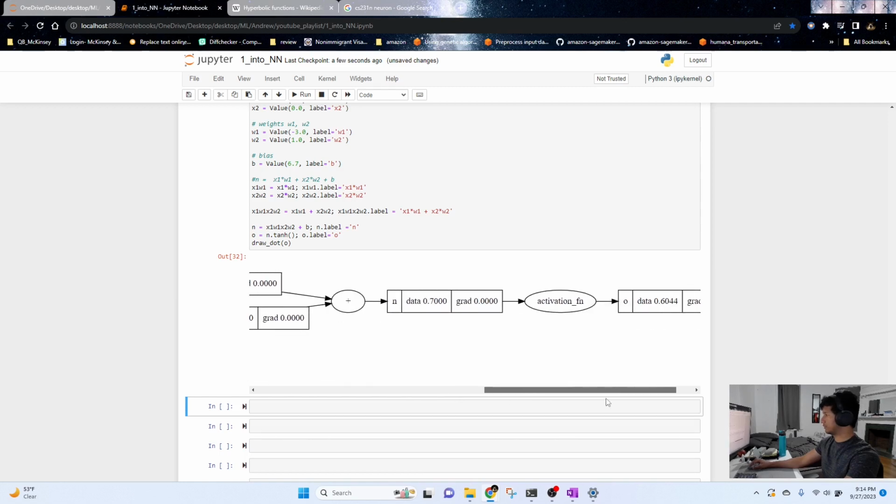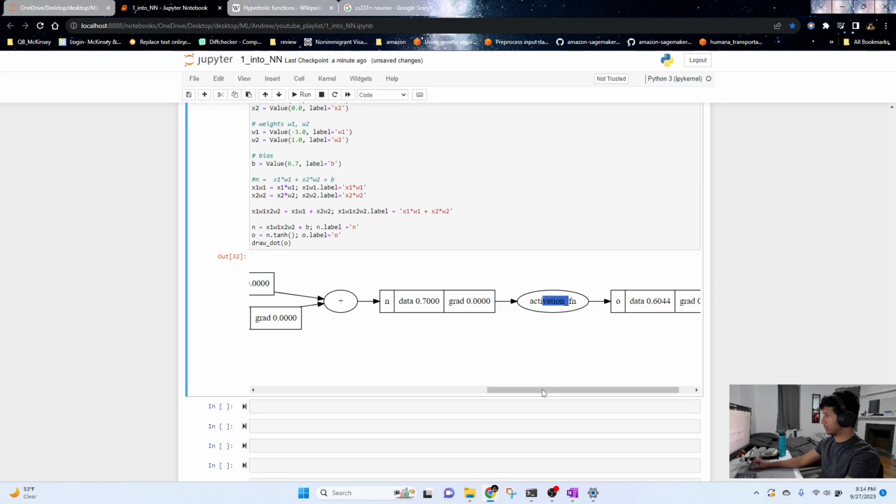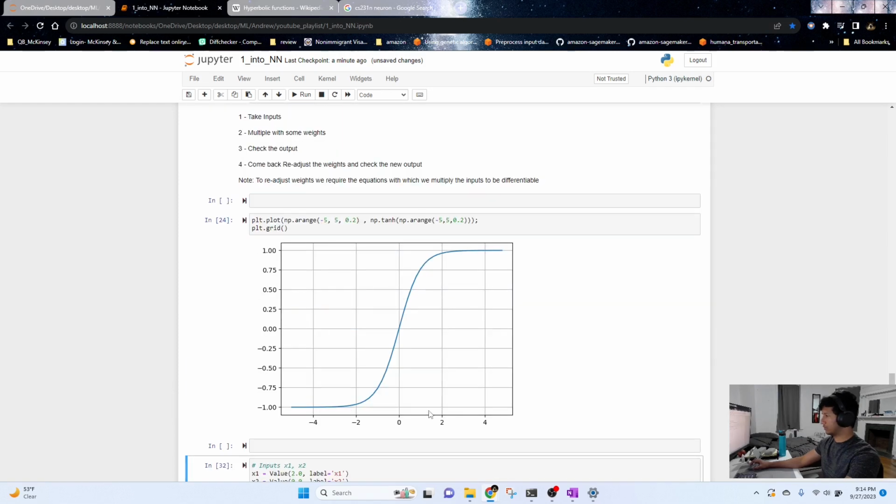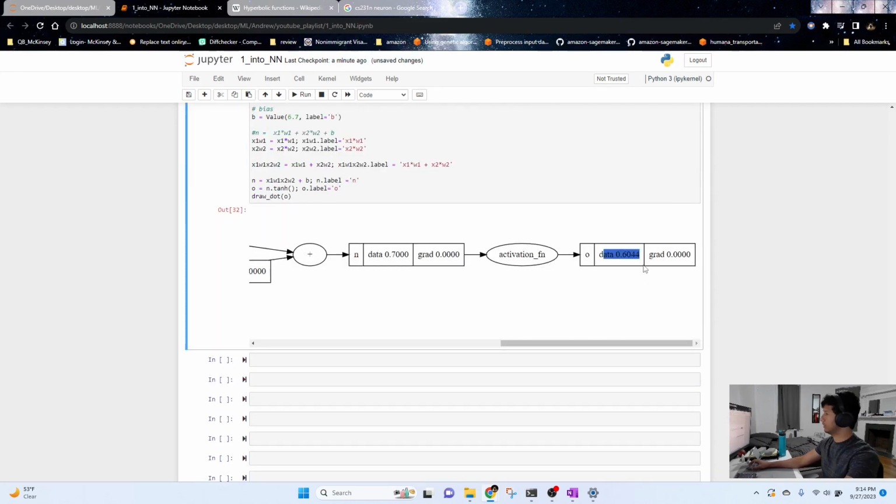And now we can see that after n, we are passing it through some activation function, and the output is 0.644. So 0.7, which is somewhere around here, has an output of 0.644. That's the output that we are seeing.